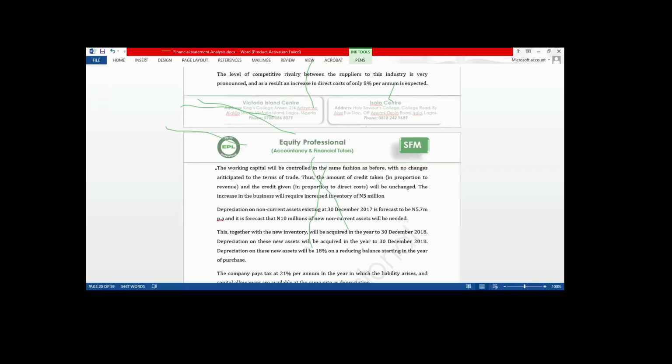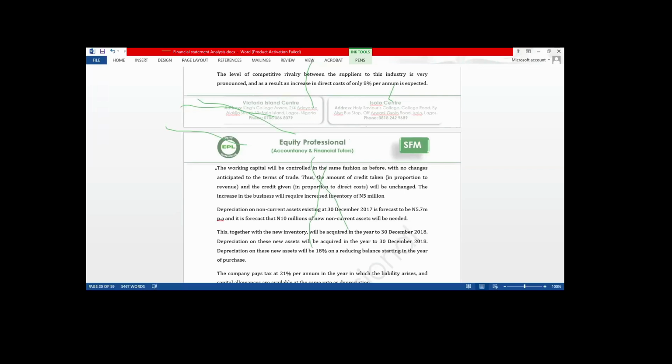Thus, the amount of credit taken in proportion to revenue. Please note, credit taken in proportion to revenue means receivables in proportion to revenue, and credit given in proportion to direct costs. That means trade payables in proportion to direct costs will remain unchanged. Let us go and treat this.